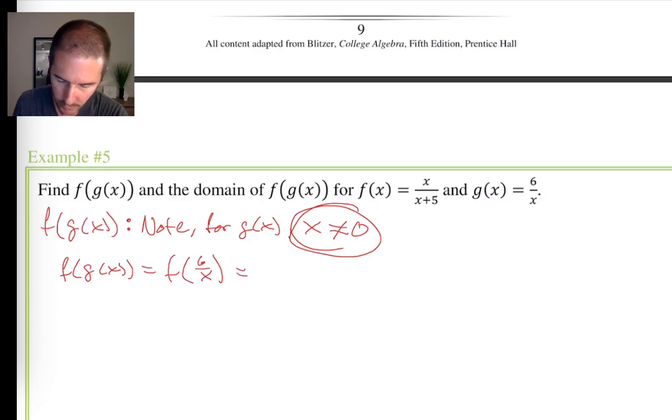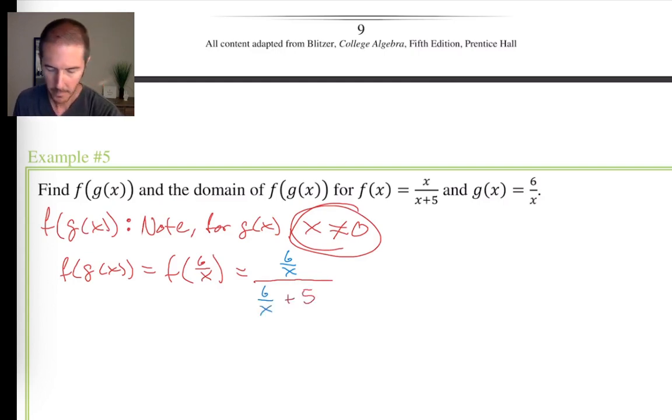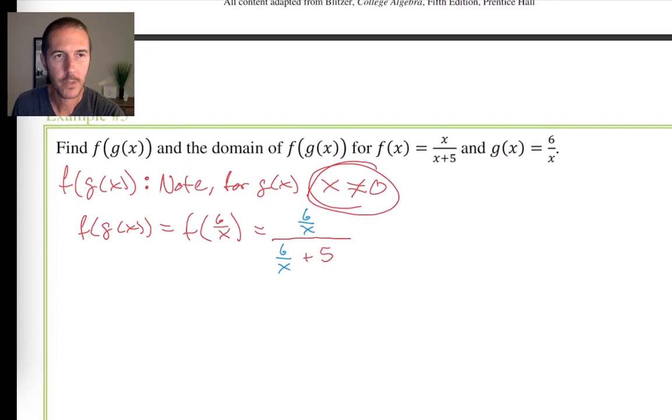So this equals 6 over x as an input value divided by 6 over x plus 5. So if you look, how should we do this?